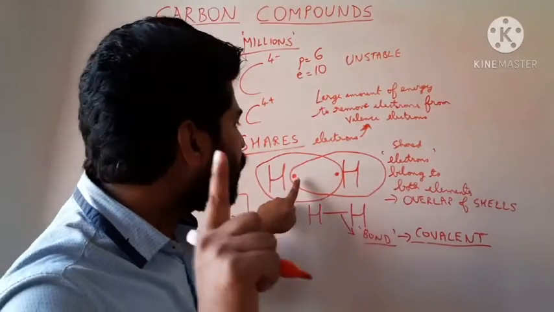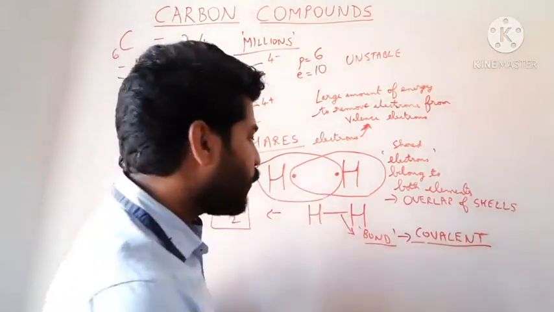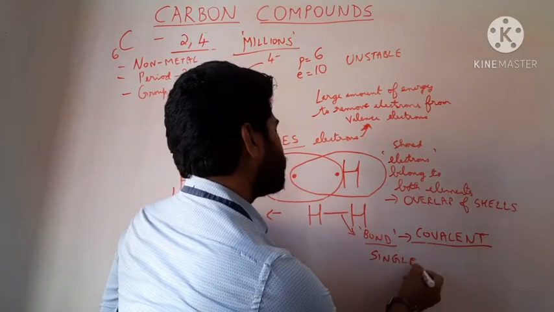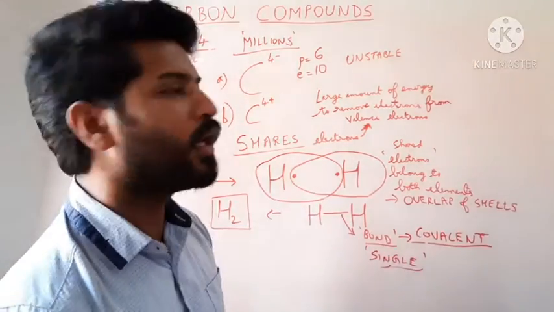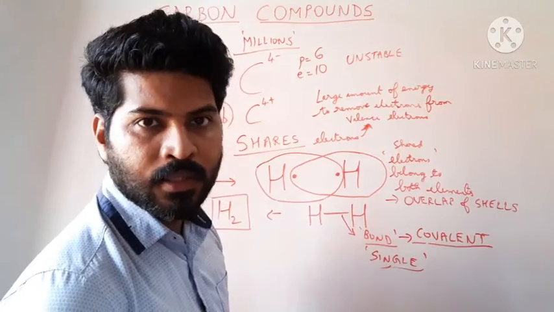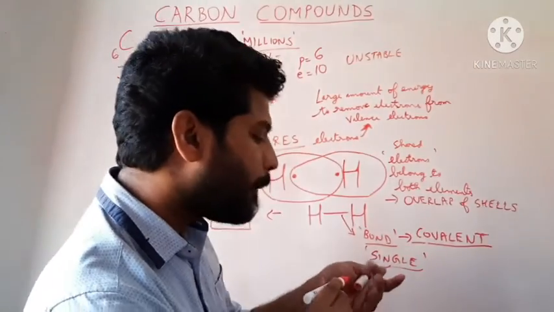Because there is only one pair of electrons involved in this bond, we can call this a single bond. Let us look at some other examples also to understand covalent bond a little better.